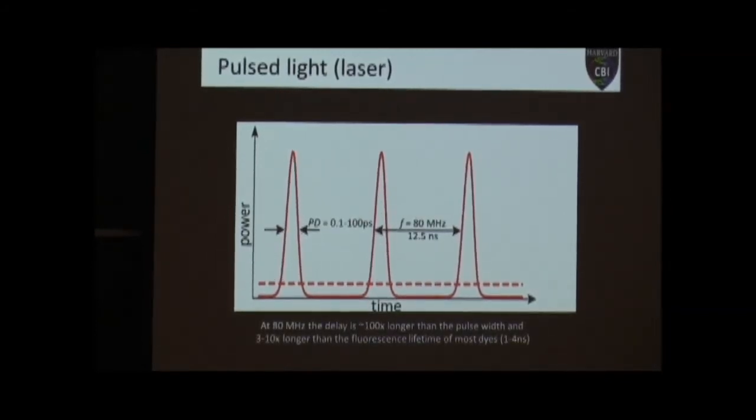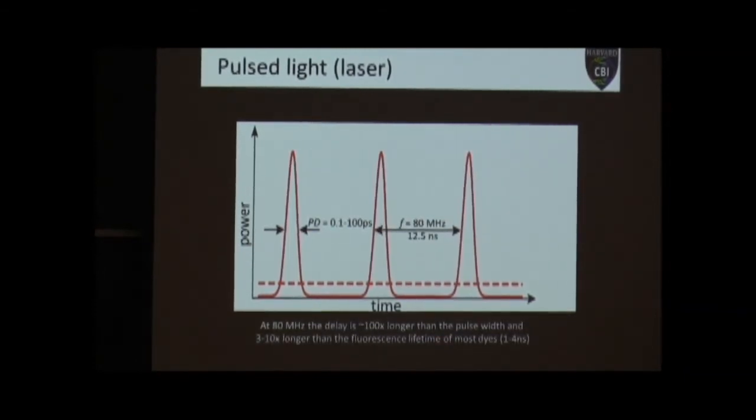If we look at most of the pulse lasers that we have in the facility, most of them are 80 megahertz. That means you're getting 80 million pulses per second, and that represents about 12.5 nanoseconds in between each pulse. Our pulse widths are all between 0.1 to 100 picoseconds.